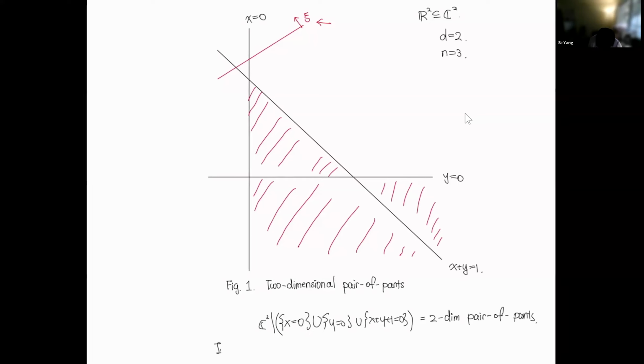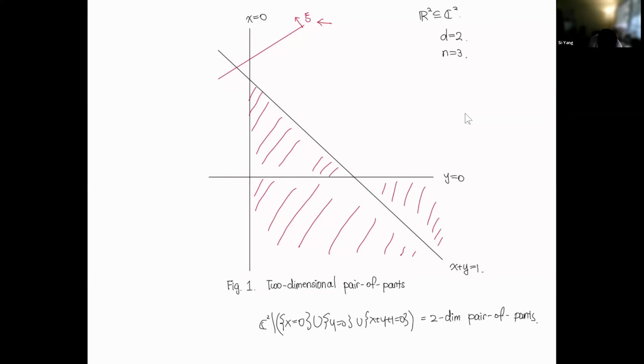So in general, the higher-dimensional pair of pants is (C^*)^n removing a generic hyperplane which is transversal to all the coordinate axes.